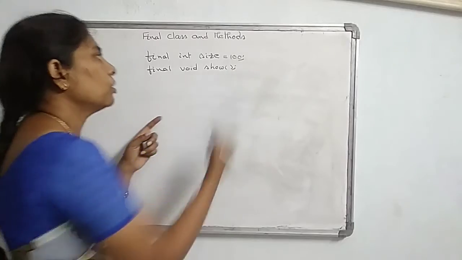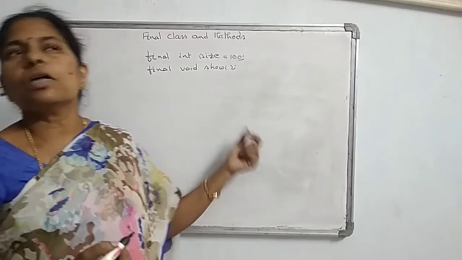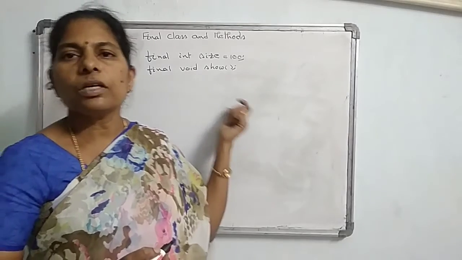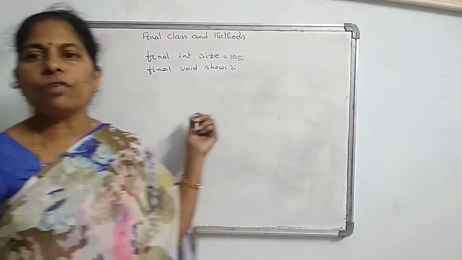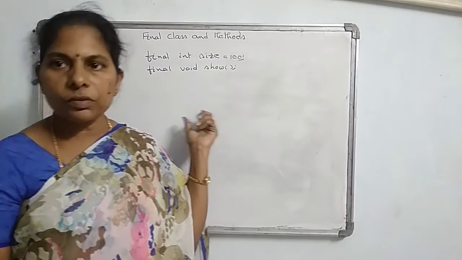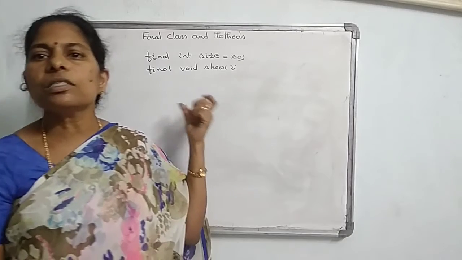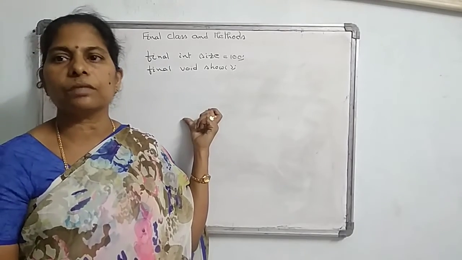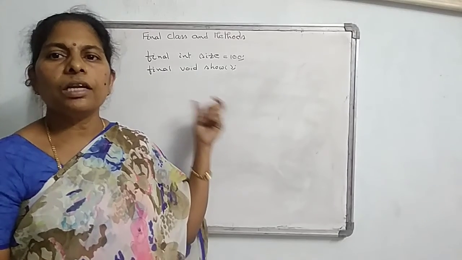So if you declare either variables or methods with the keyword final, what happens? Using final assumes that the functionality defined in this method will never be allowed to change in any way.